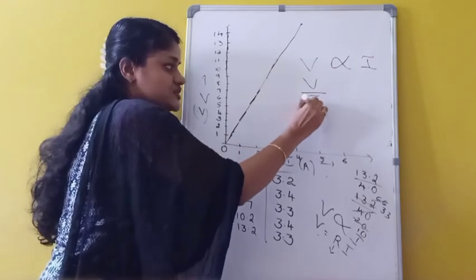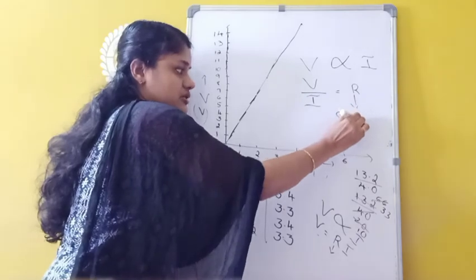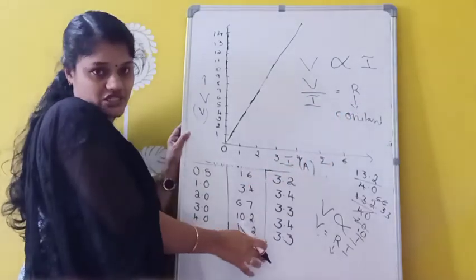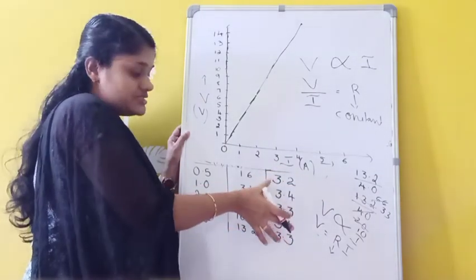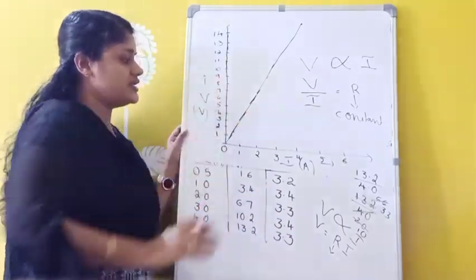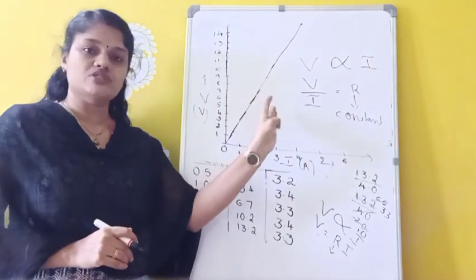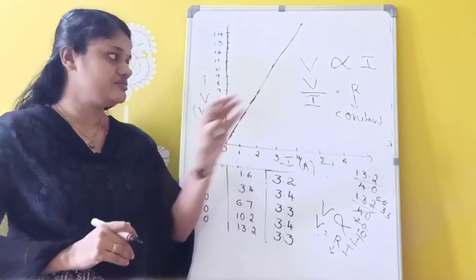V by I means R, and this R should be a constant. So see here, from these values itself we can identify this R is a constant, because 3.2, 3.4, 3.3, 3.4, again 3.3. That means these values are nearby only, so that means constant. Okay. So this graph is for which one? VI or Ohm's law. Always, for Ohm's law, the graph will be a straight line graph inclined to which one? The x-axis.